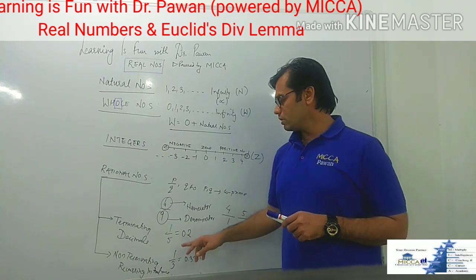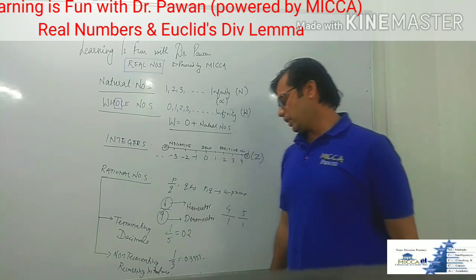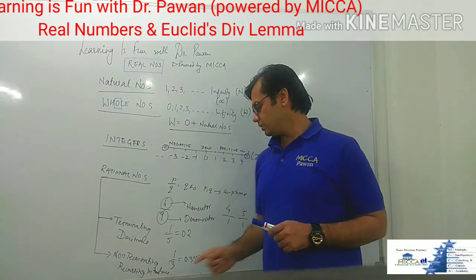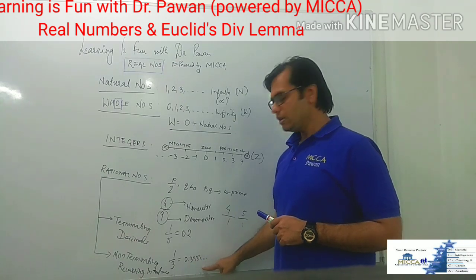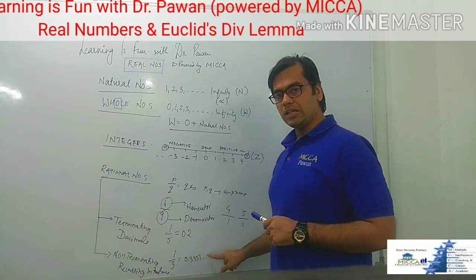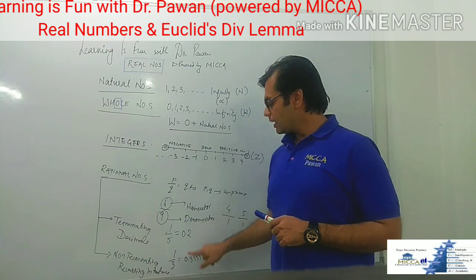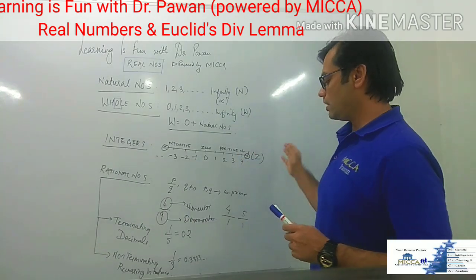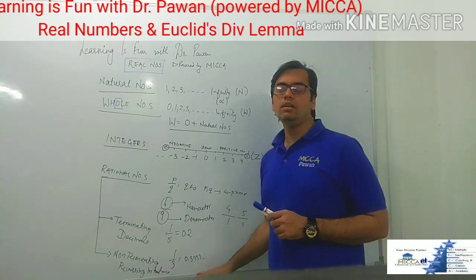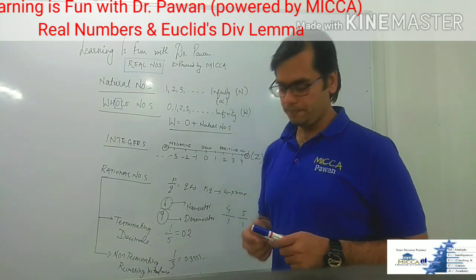Okay. Also, if they are not terminating, which means 1 by 3 for example, if we divide 1 by 3, this 0.333, it's non-terminating in nature, but it is recurring in nature, which means 3 is repeating itself. So this also is a rational number.